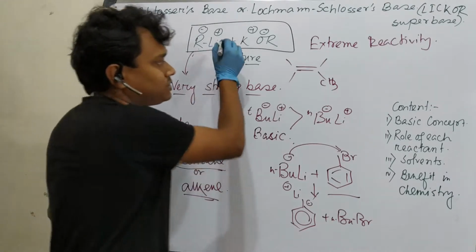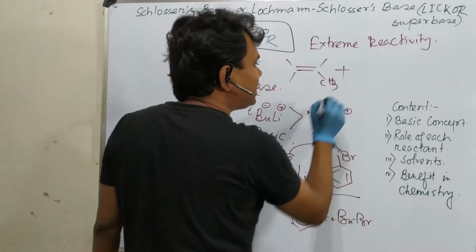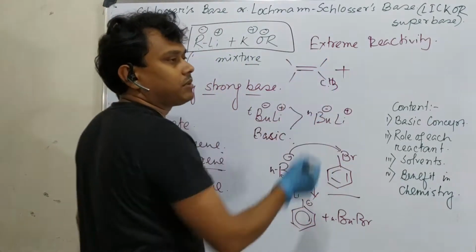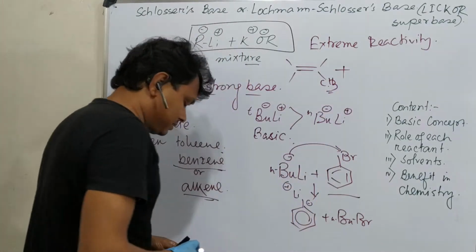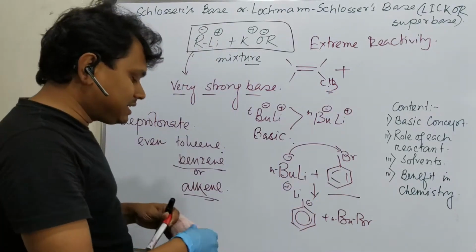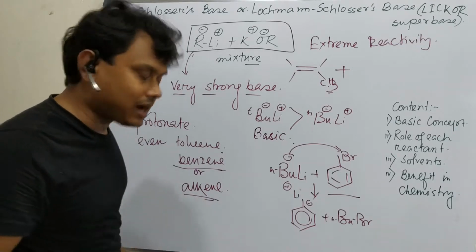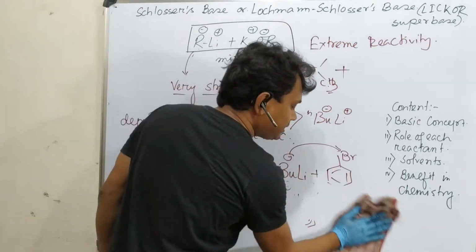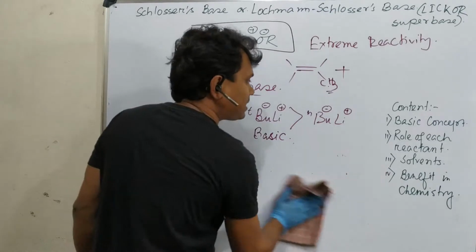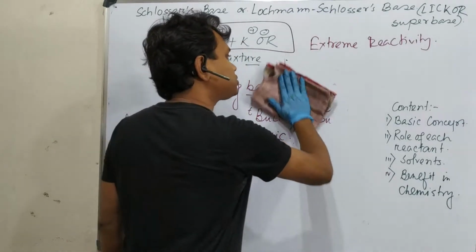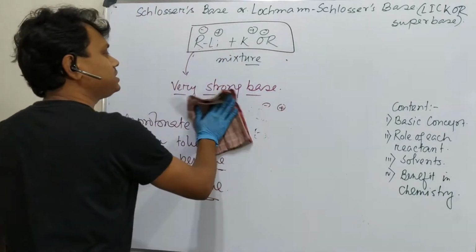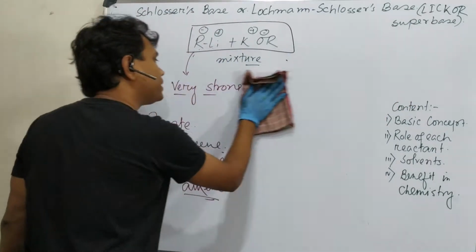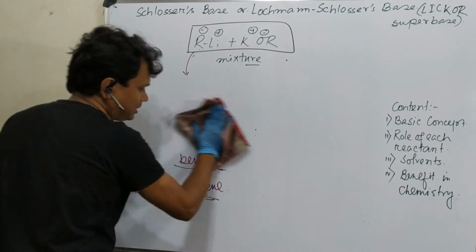But if you use this Schlosser base, it will selectively abstract the allylic proton. That means it is capable of abstracting a proton whenever it can. So this is the background and proof of the extreme reactivity of this reagent compared to the parent one, butyl lithium.